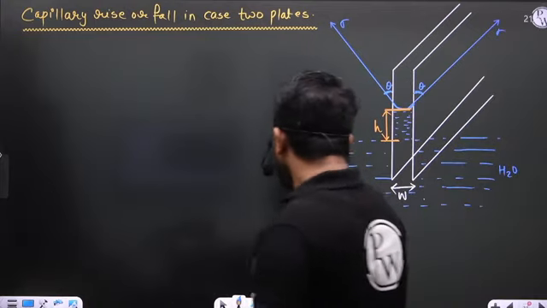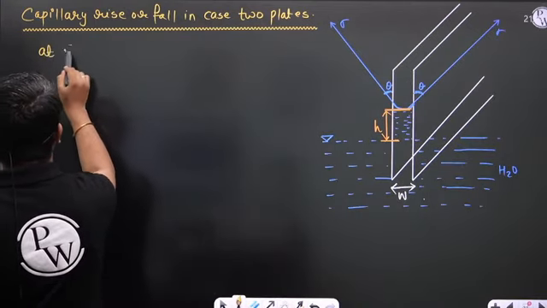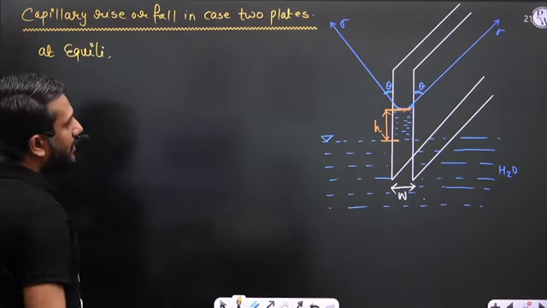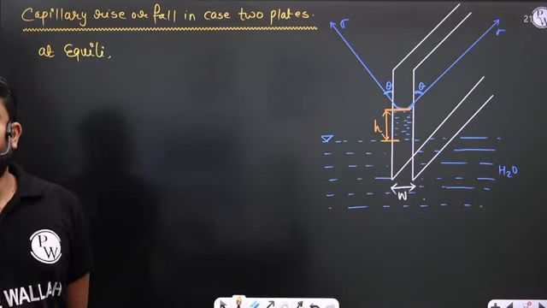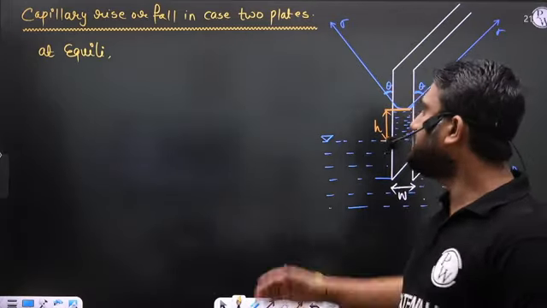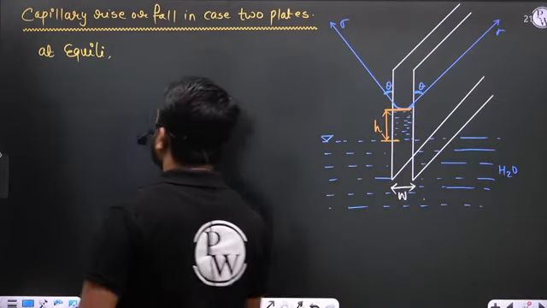Is it okay? Now at equilibrium, the weight of the liquid risen up to height h is balanced by the vertical component of the surface tension force. So that logic is the same.